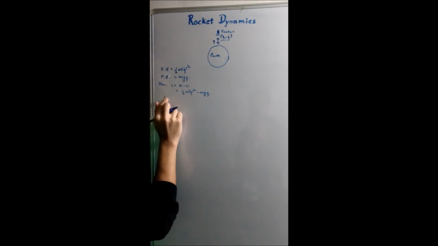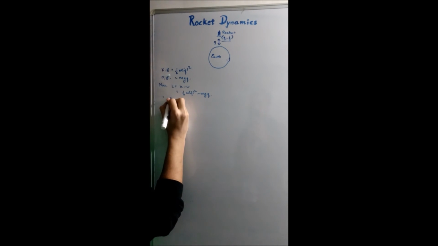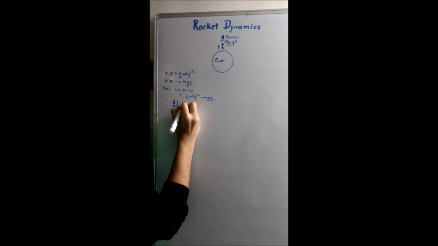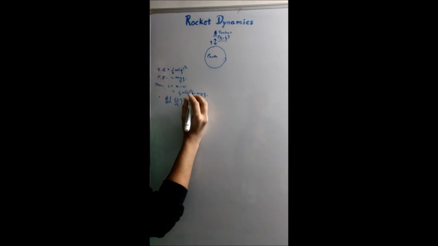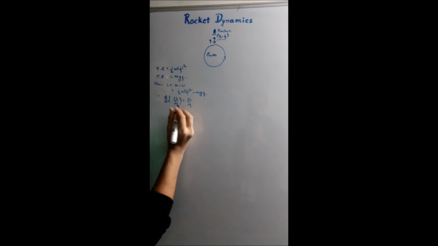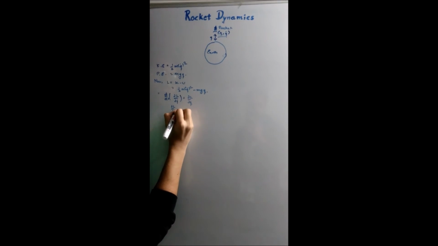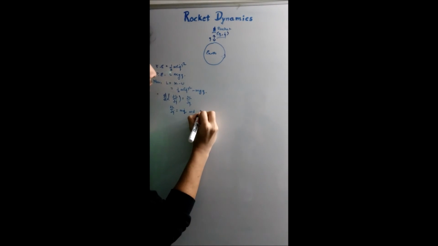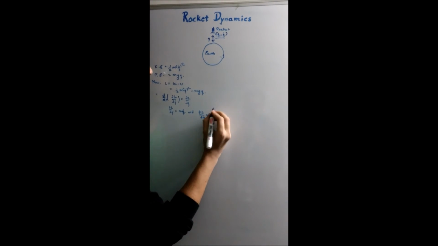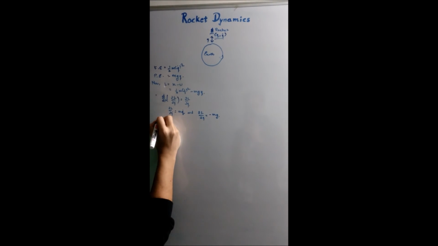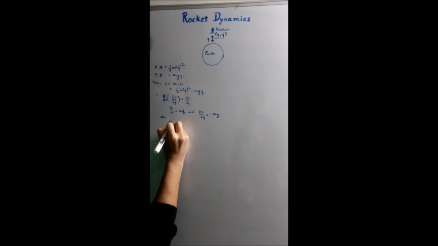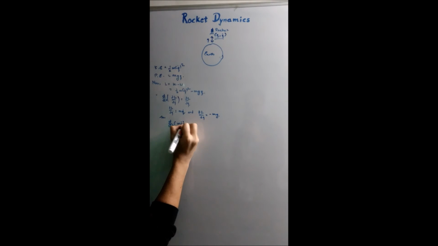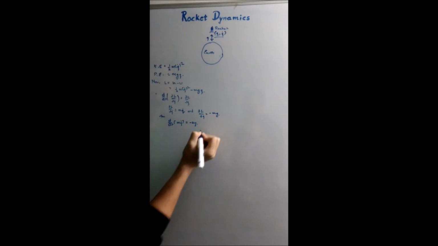We also know about the Lagrangian equation that d/dt of (dL/dq dot) equals dL/dq. dL/dq dot equals m q dot, and dL/dq equals -mg. So we get d/dt of (m q dot) equals -mg.